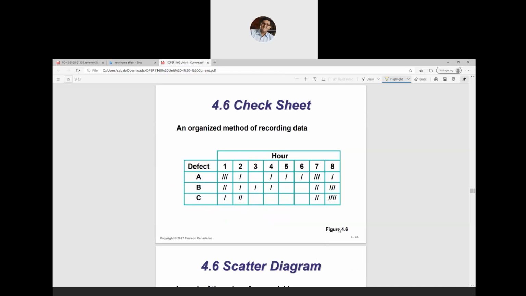So going forward, let's say that first I will start with the check sheet, for example. At each hour, for example, my shop is open from 9 o'clock till 5 o'clock. Let's say it's an 8-hour duration that we are discussing. And I categorize the different defects which can happen in a pizza.